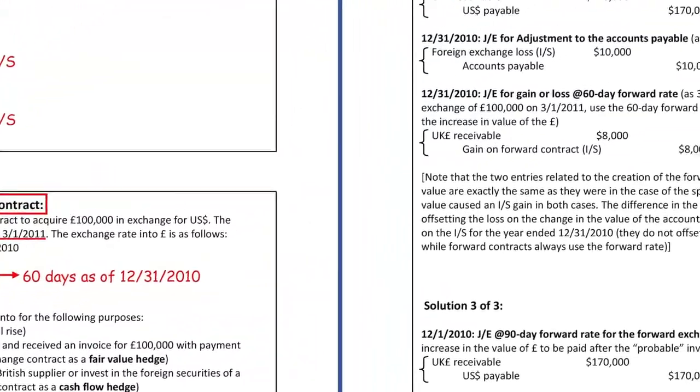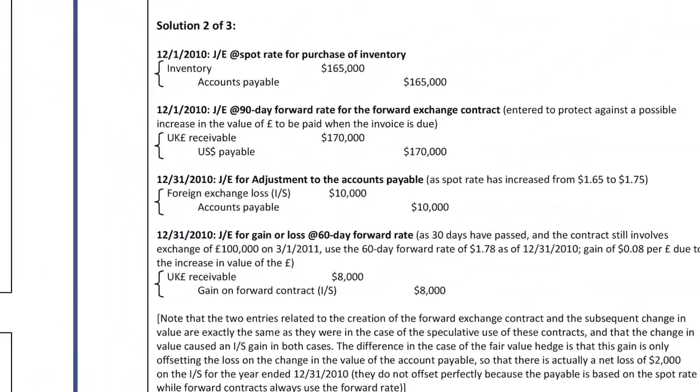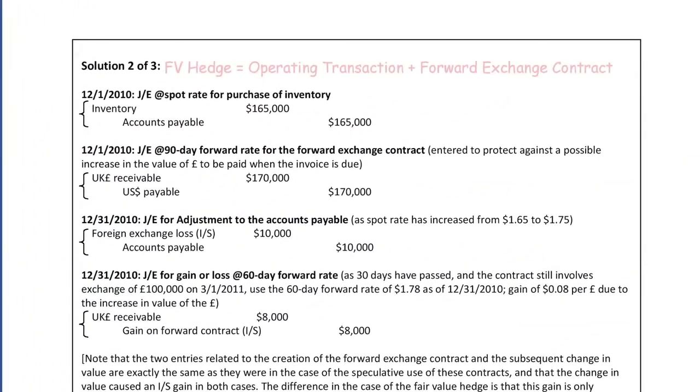Move to page 35. And the second part of the solution, write fair value hedge, and that's equal to operating transaction plus forward exchange contract. Now on 1st December, for the operating transaction of purchase of inventory, we're going to use spot rate. That's $1.65.